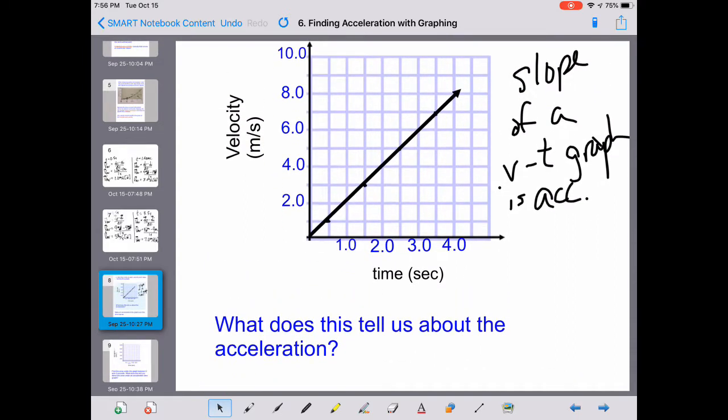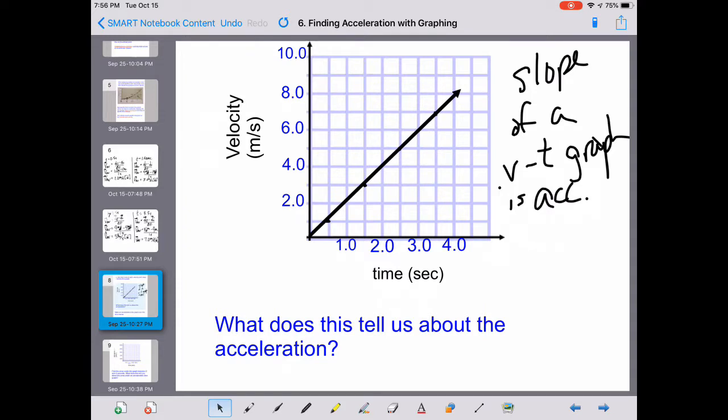So, start with the first part. What does this tell us about the acceleration? Well, the velocity is increasing at a steady rate. It's uniform motion, which means as this is increasing, the acceleration is held steady. At any point along this line, I can find the slope, and that slope should be the same.